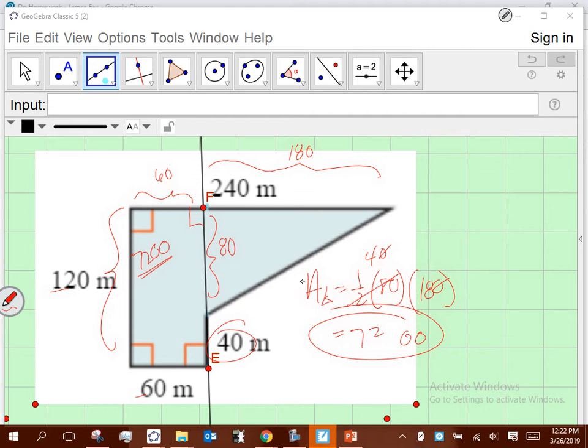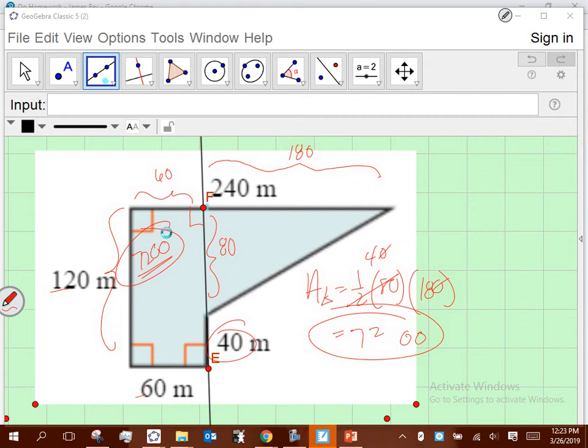So I get 7,200 for the triangle and 7,200 for the rectangle. So that's 14,400 would be the total area of that figure.